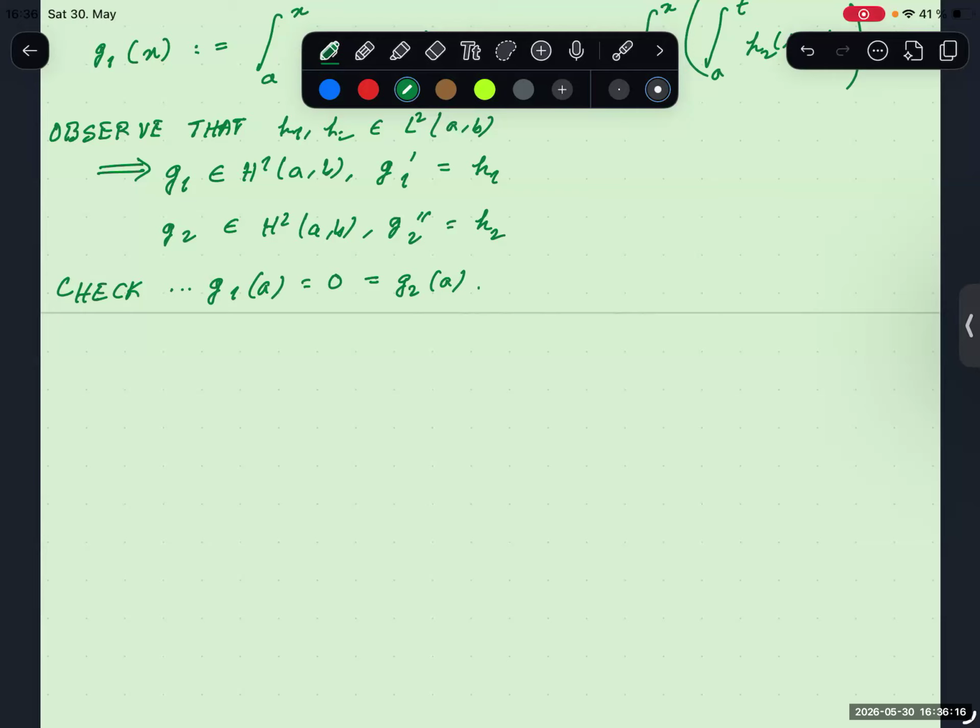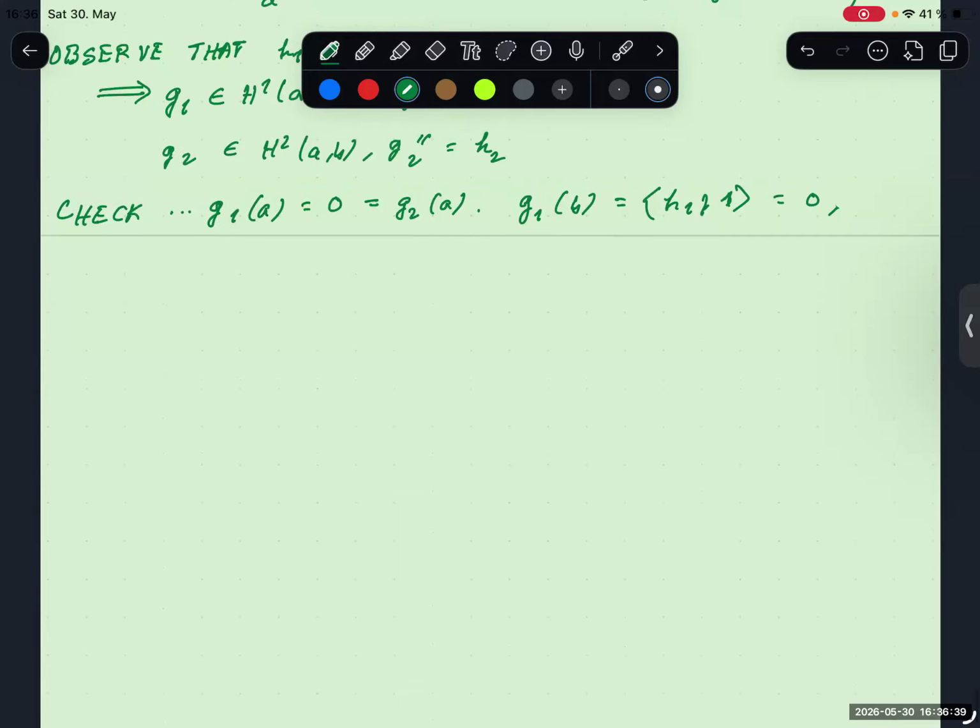Also, we check that g1 of b is nothing but the L2 inner product of h1 with 1, and this is of course 0. And similarly, g2 prime of b equals the inner product of h2 with 1. Perpendicularity gives 0.